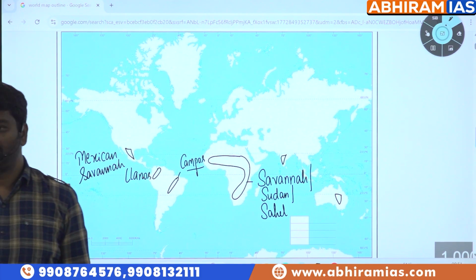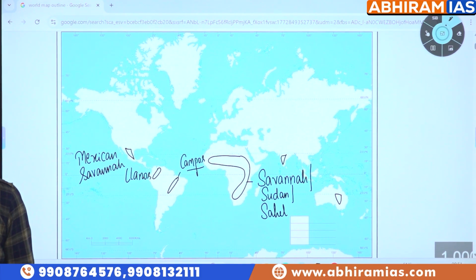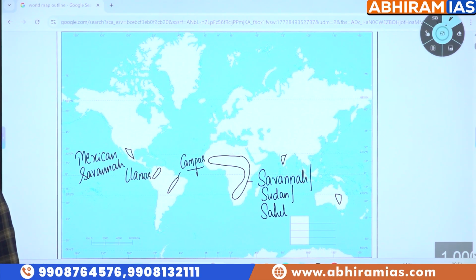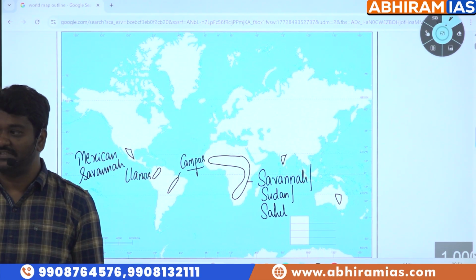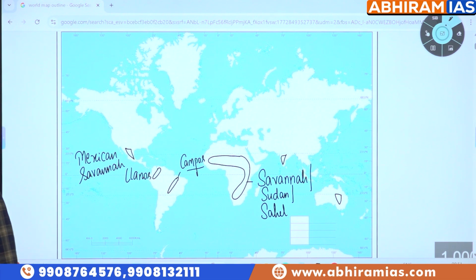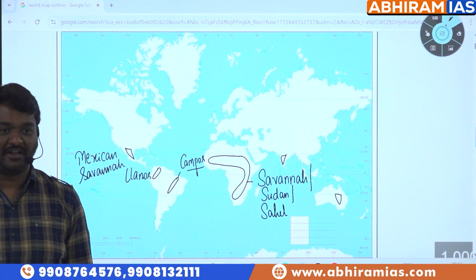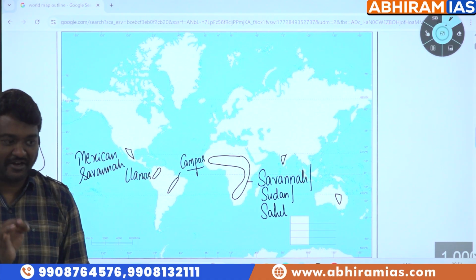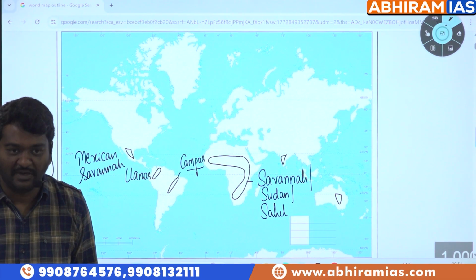Next point. This word, if you see, it is grassland. Definite wet and dry season. That means they clearly differentiate when you get rainfall and when you don't. If this word comes, it is which one?